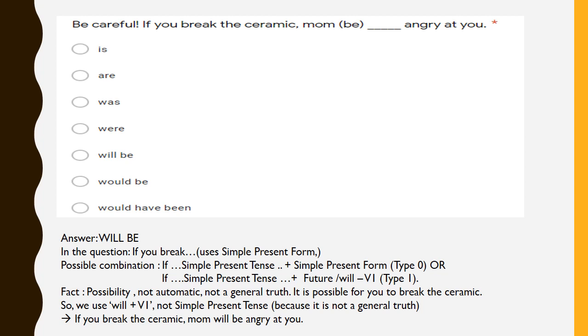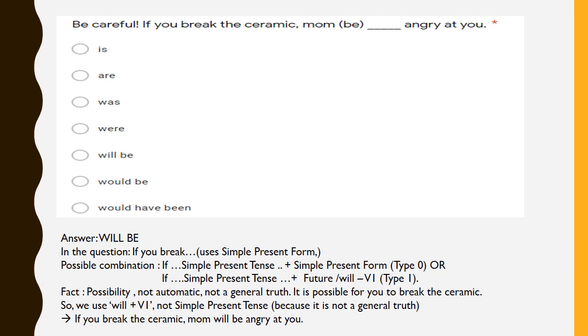So, the possible combinations can be if simple present tense plus simple present form, or type 0, or if simple present tense plus future or will verb 1, or type 1.